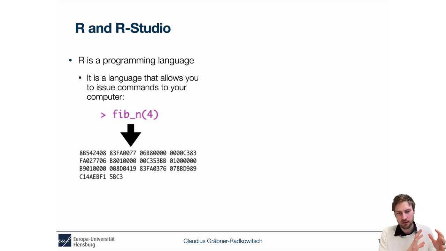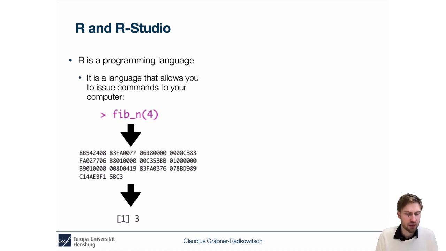So the R code is taken, and maybe there are a couple of intermediate steps, but in the very end, it's translated into something that the technical parts of your computer can immediately translate into certain actions and complete certain computations. And this will then, in the very end, lead to a result that is recommunicated to you.